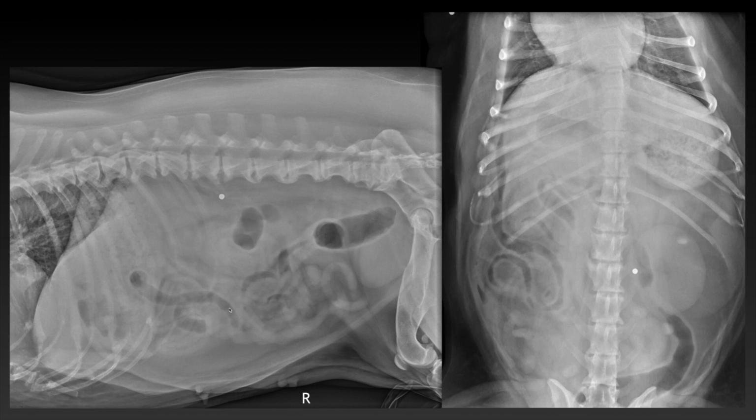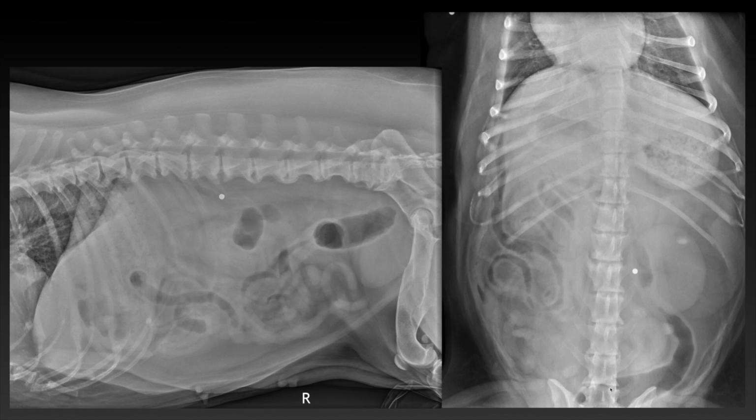Other small intestinal loops contain small to moderate amounts of gas. There are signs of peristalsis, and the colon contains a rather small amount of granular material and some gas.